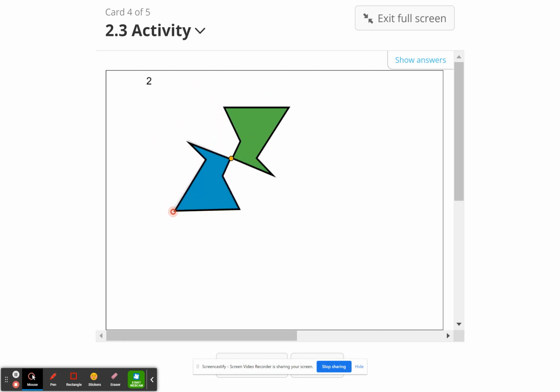To detect if a figure is a rotation of another, you want to look to see if one figure is not standing up in exactly the same way as the other, but appears to be turned. So you don't want to confuse a rotation with a translation or a mirror image, okay? So again, counterclockwise, clockwise.